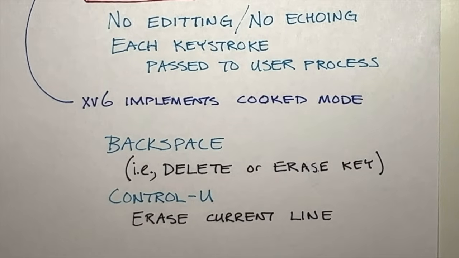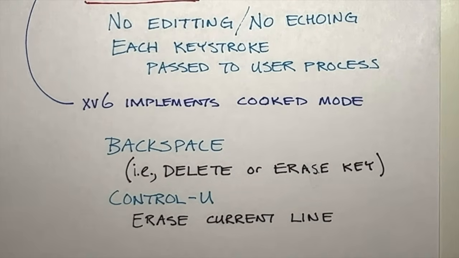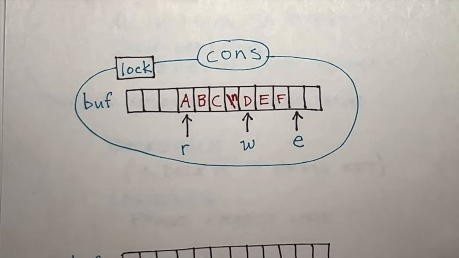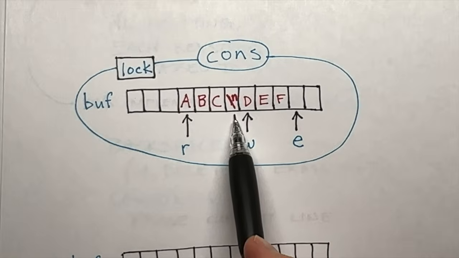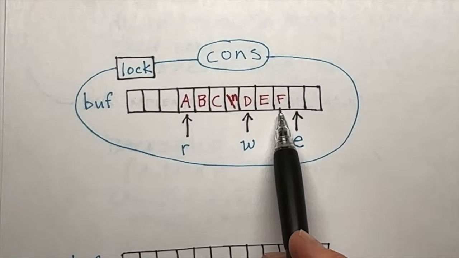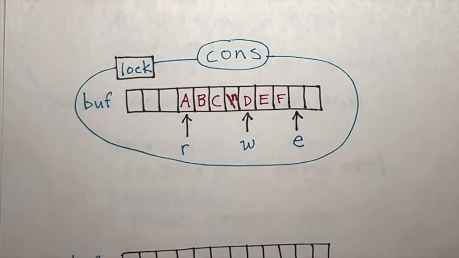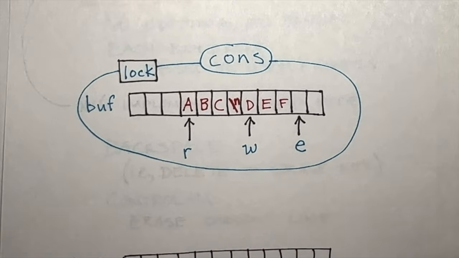To implement this, the W index points to the byte just after the last new line character. Each time the user does a read system call, the kernel will return the next line of input, that is, all bytes up to the new line. And if the user types a Control-U, the kernel will backspace over all the bytes entered after the most recent new line. In summary, the W index points to the byte just after the most recent new line.